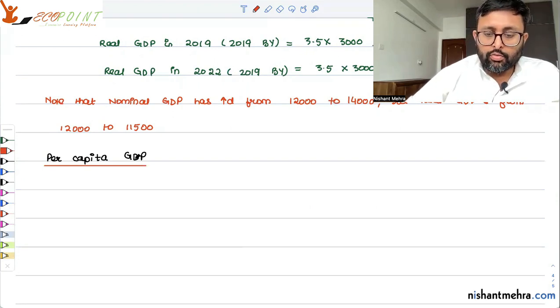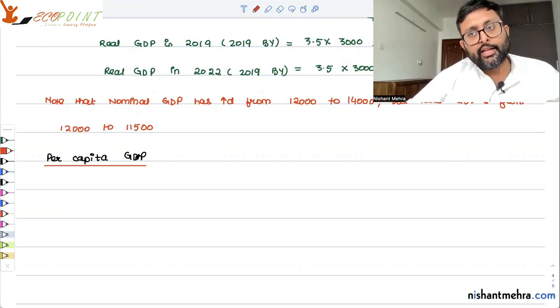So even though GDP has increased, the number of people living in the country has also increased.